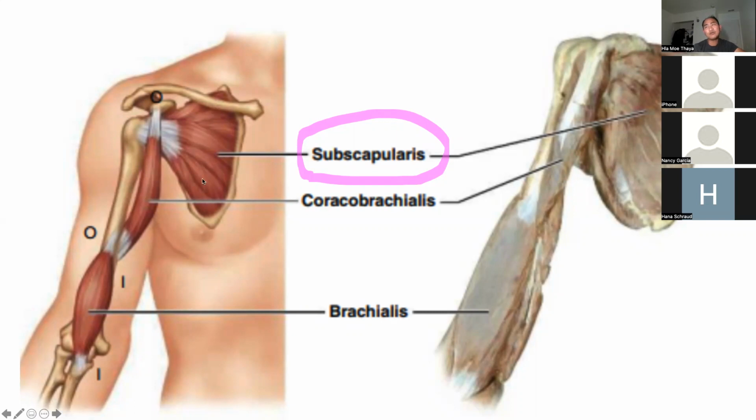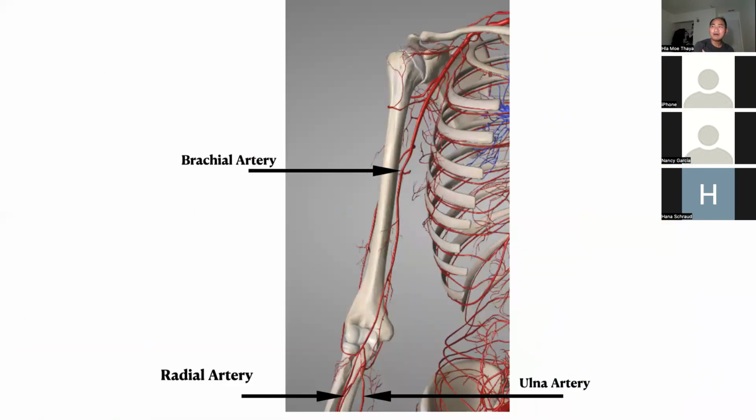It occupies the anterior surface of the scapula and goes to the lesser tuberosity, which we saw in the skeletal anatomy. This is what we call subscapularis. So now I hope, to some extent, we have seen most of the muscles around the shoulder and the arm. So now let's go back.